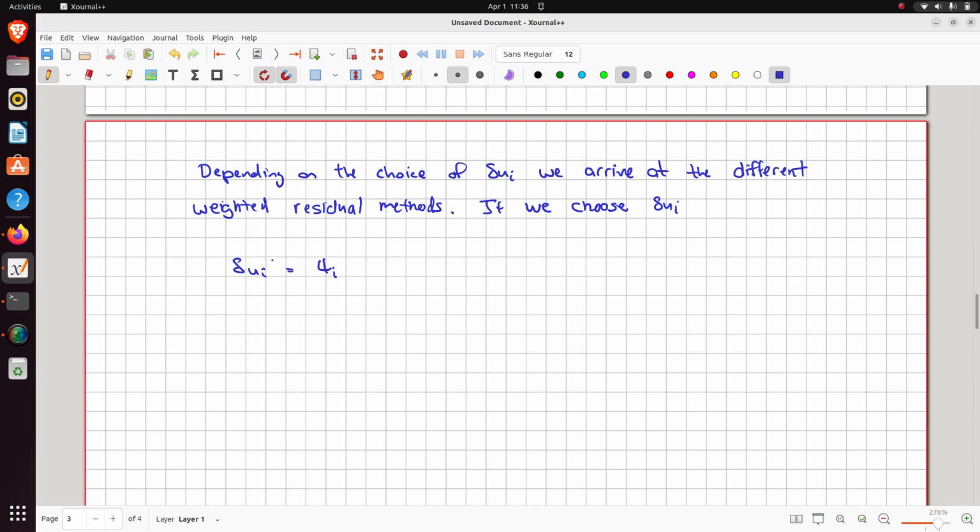So if we choose the test function to be equal to the basis functions, then we have what is called a Galerkin method. If we choose something else, so the del ui to be not equal to the basis functions, we have what's called a Petrov Galerkin method.